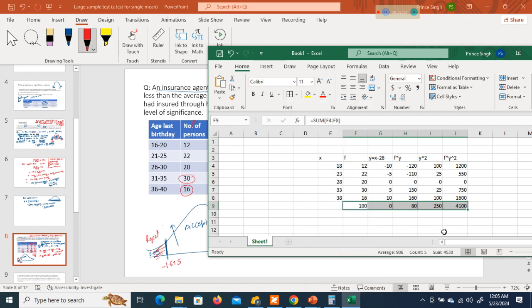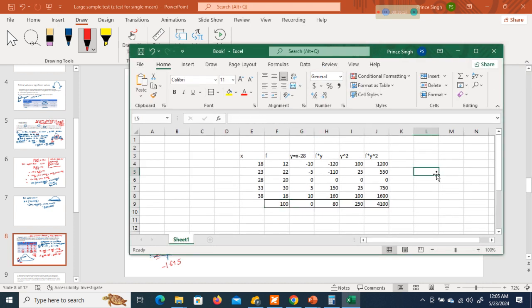Okay, so what is the formula of variance here? So variance is summation f into y square divided by 100 minus y bar square. Y bar is 0.8, this divided by 100, bracket, it's a square.